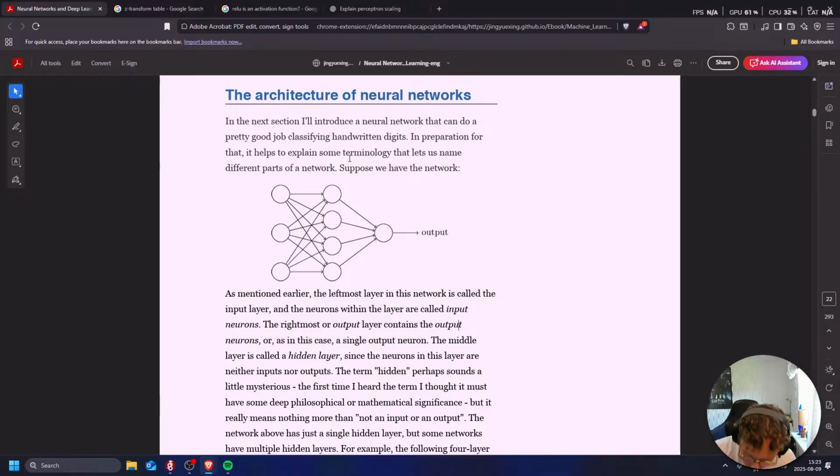And now we're going to have the output neuron. And then we have the output itself.